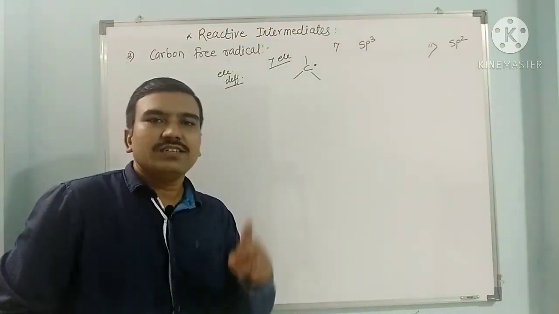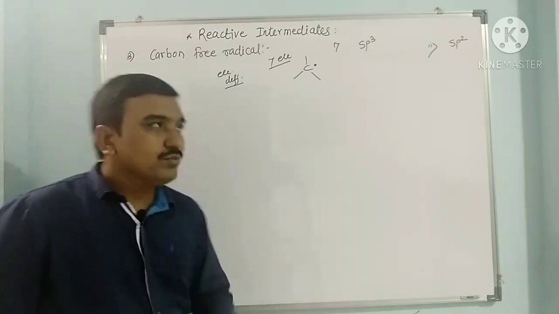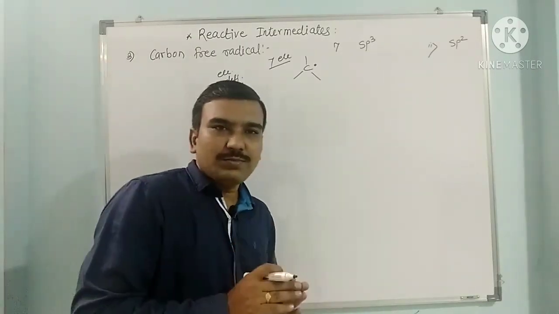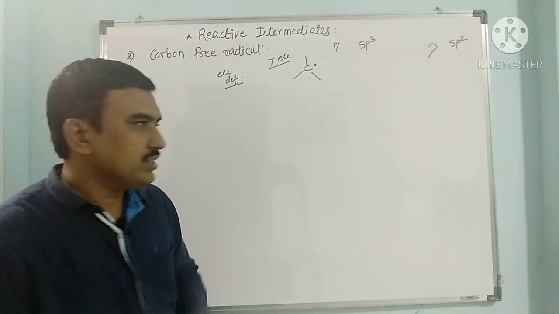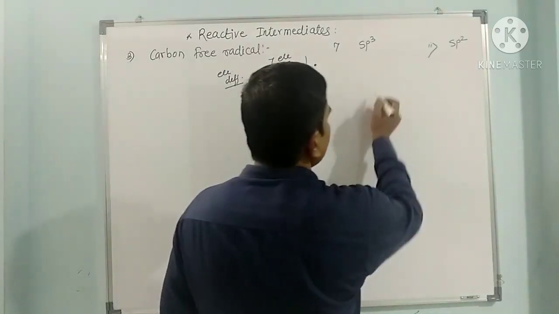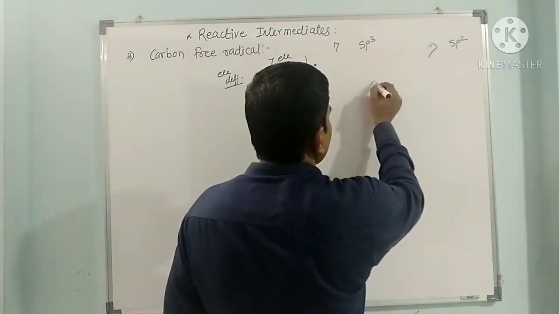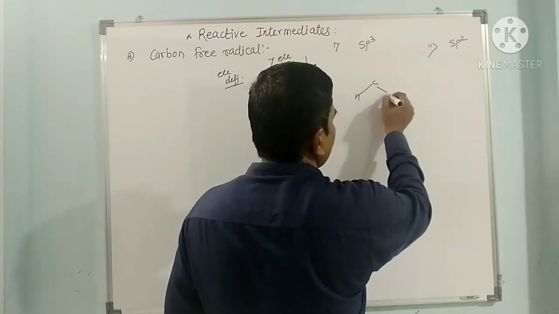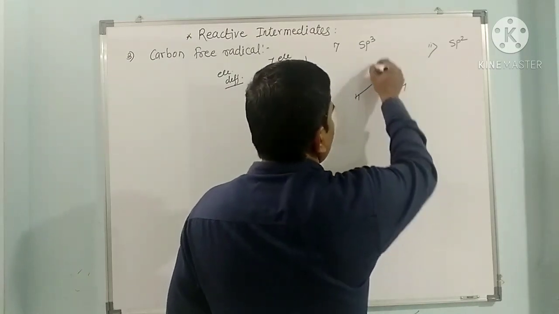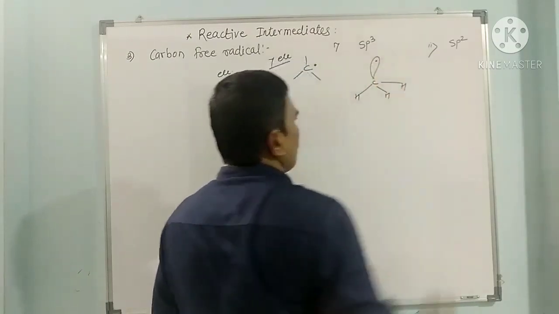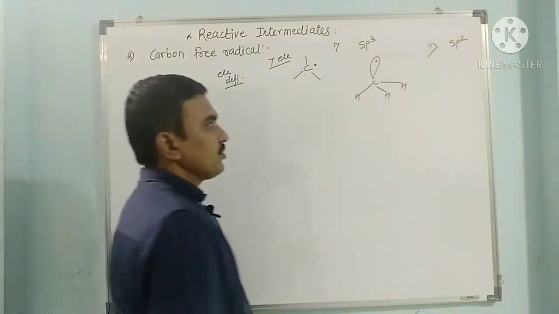Carbanions are sp3, carbocations are sp2, but this carbon free radical may exist in two different hybridizations. In one, it is sp3, where the carbon has three bonds and one of the sp3 hybrid orbitals contains the unpaired electron.